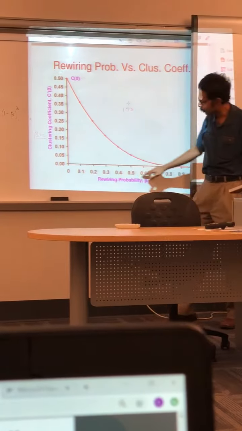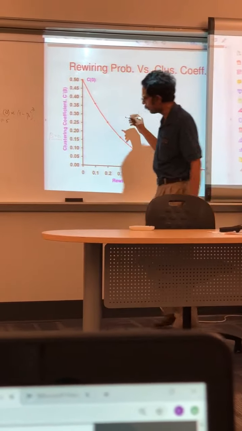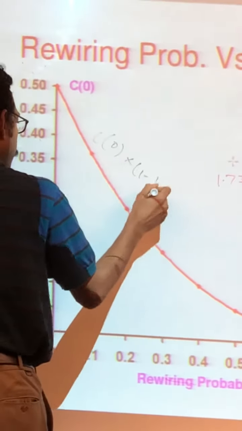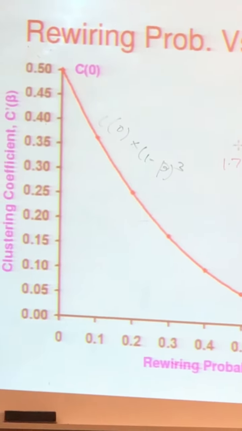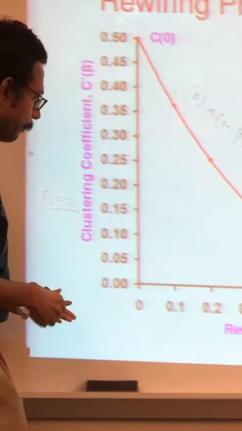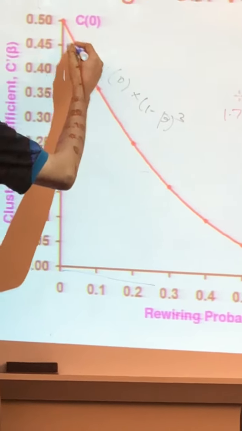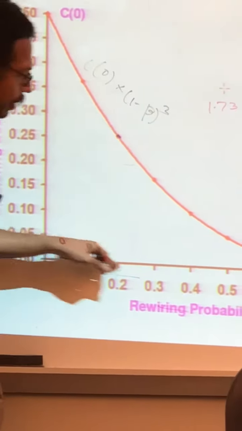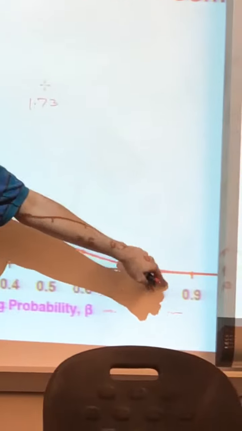Now as we increase beta, the reduction is C of 0 times (1 minus beta) the whole cube. As you can see, for smaller values of beta, like 0.1 or 0.2, the reduction is not that much. Whereas as you increase beta, it reduces more drastically and approaches 0.